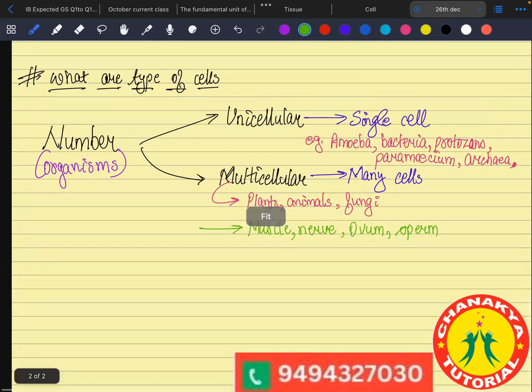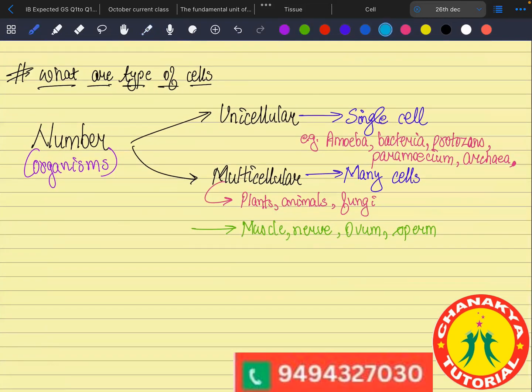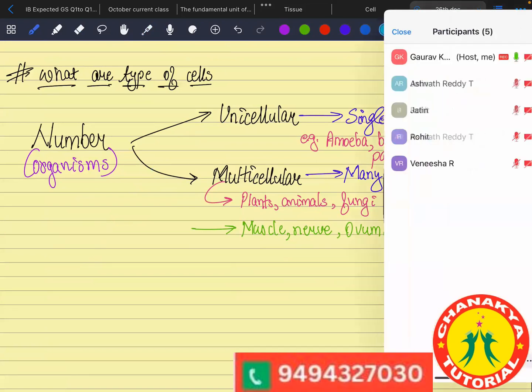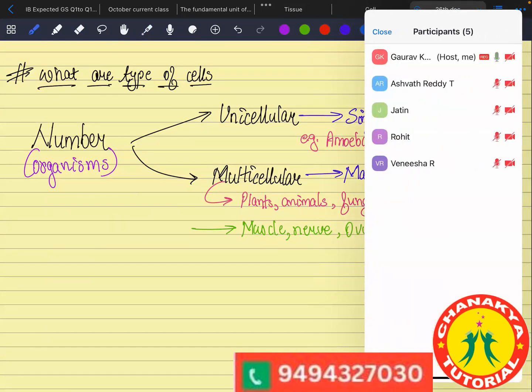Correct, correct. So that's what I'm moving forward with. You can take an example of unicellular. If I take the example of Rohit, assume that after 12th class you move out of your home and go to a new place where no extra help is given to you to clean your room, wash your clothes, or make your food.